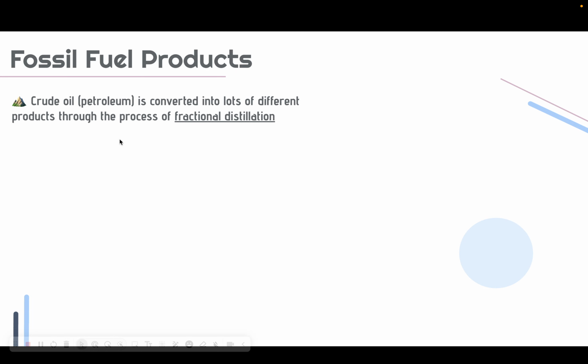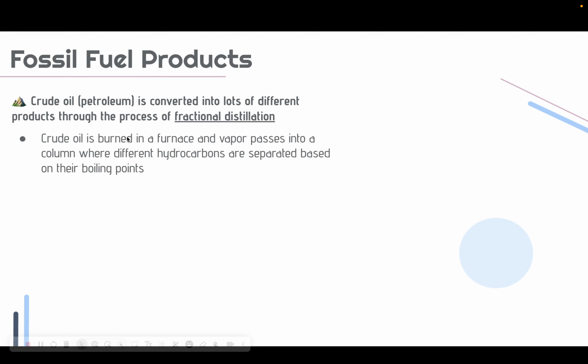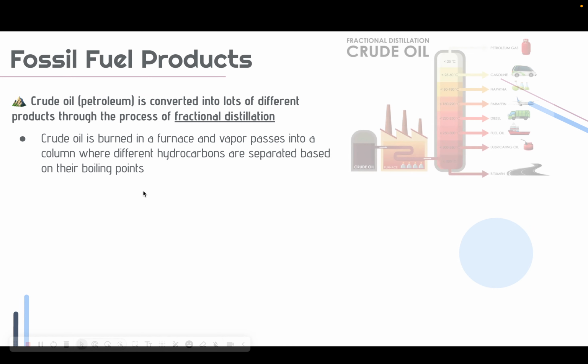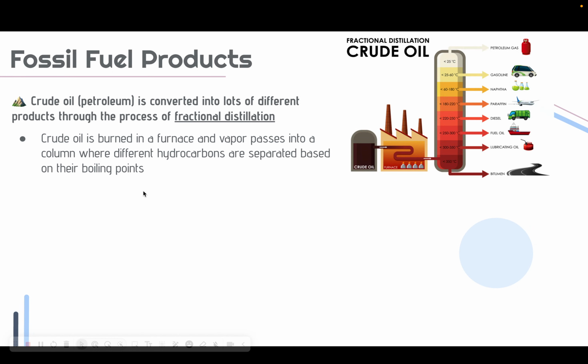Crude oil is converted into lots of different products through a process called fractional distillation. Crude oil is burned in a furnace and vapor passes into a column where different hydrocarbons are separated based on their boiling points. This is basically how oil is refined. And so then it creates these different products that you can see here.